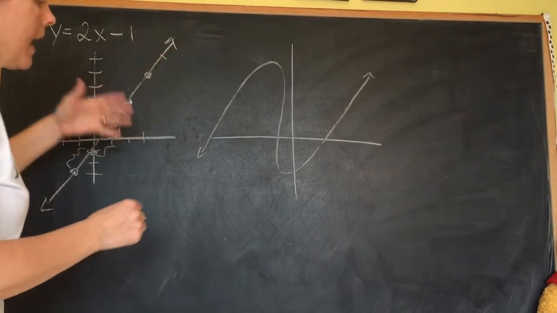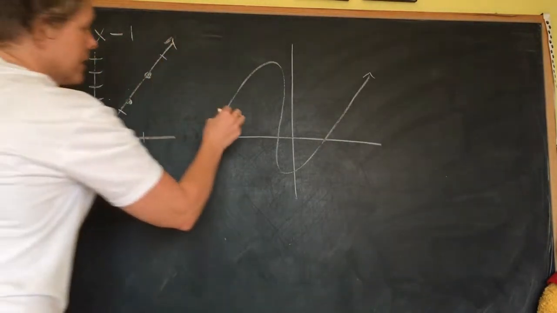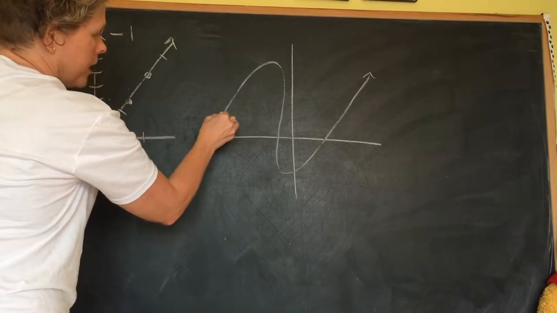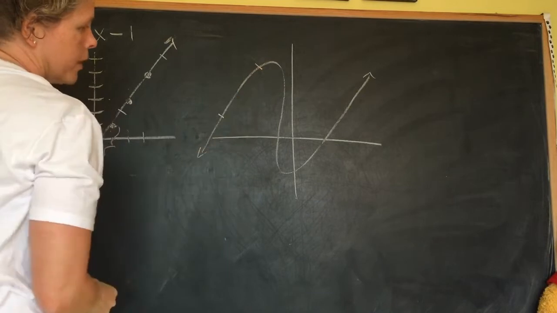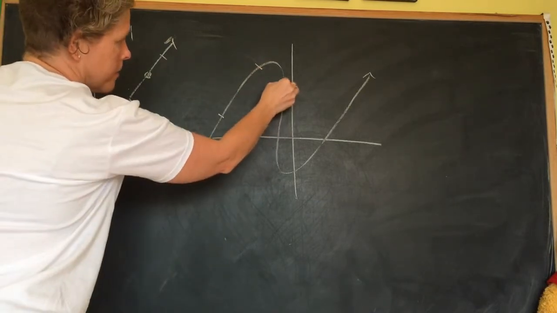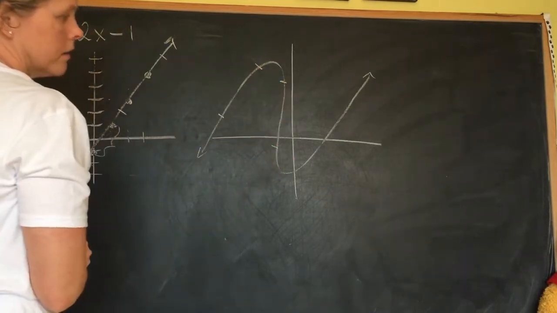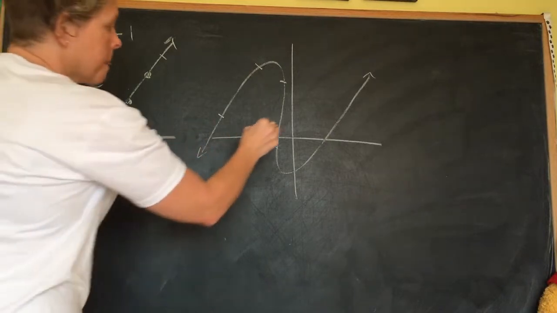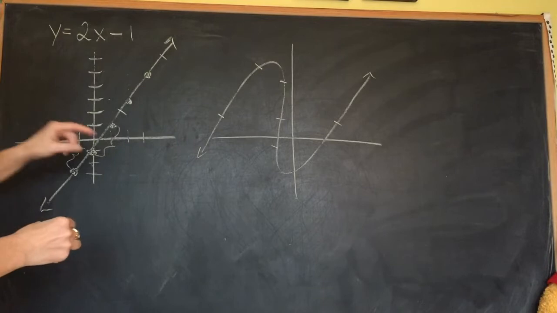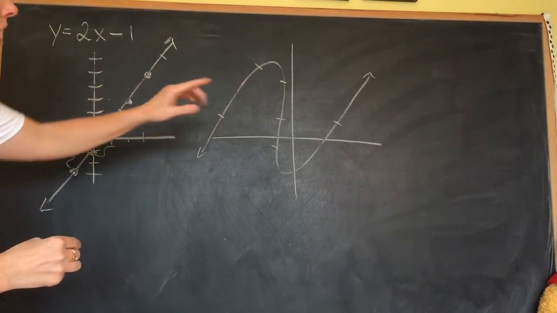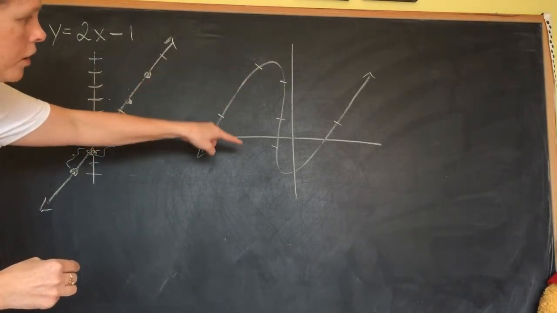And so if I pick any 2 points on this curve, like let's say I pick a point here and here, the slope between those 2 points is going to be very different if I pick between here and here, or if I pick a point between here and here. So because it's a curve, the slope changes everywhere along the curve.